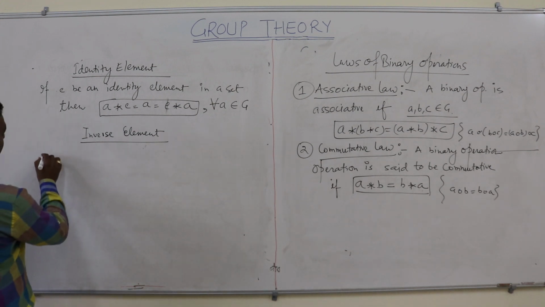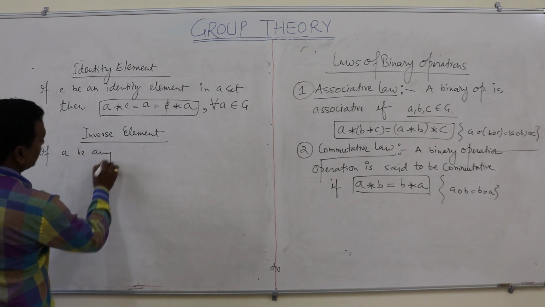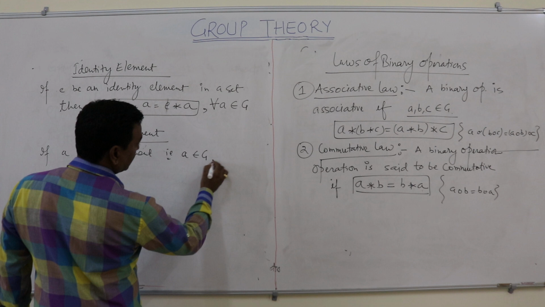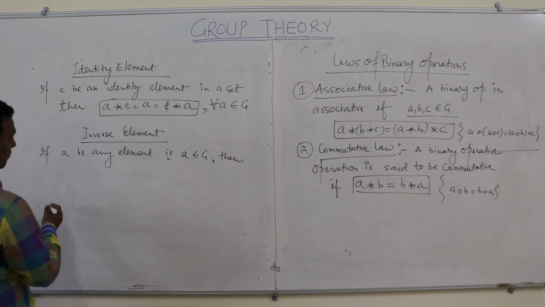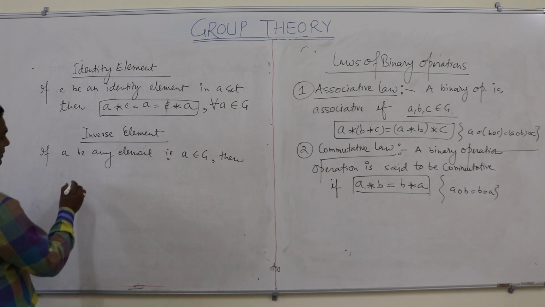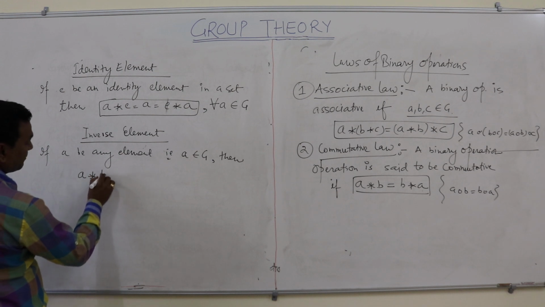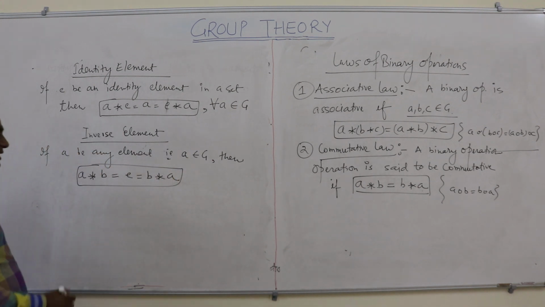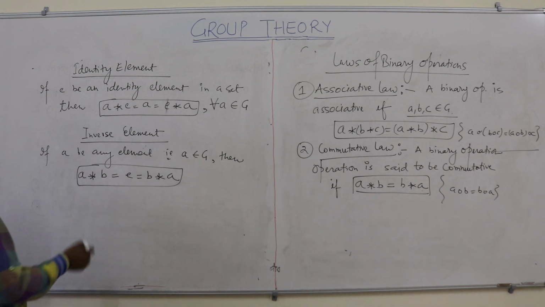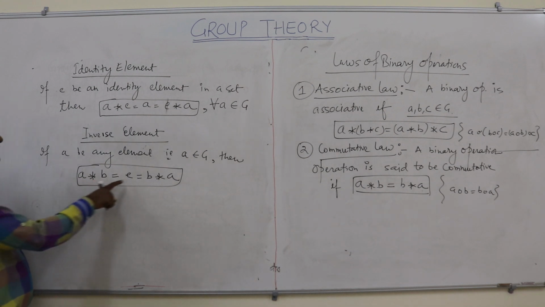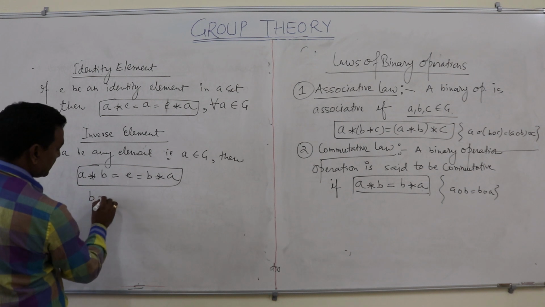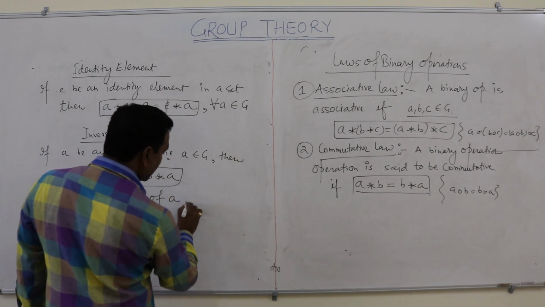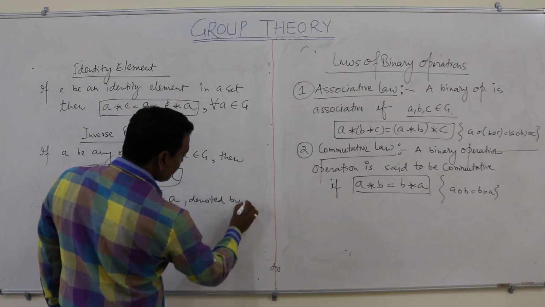If a belongs to G, and a multiply b equals e equals b multiply a, if we have any element b that we multiply with a and we get the identity element, then b is known as the inverse of a, and it can be denoted by a inverse.